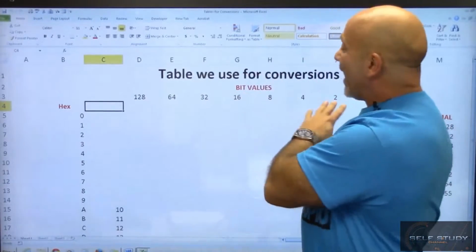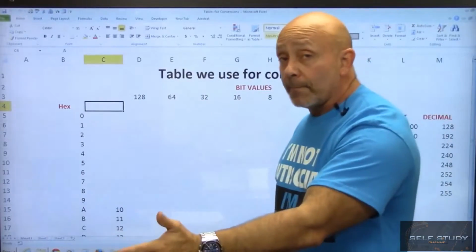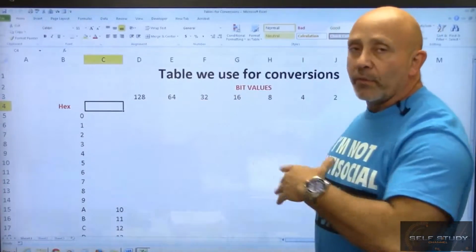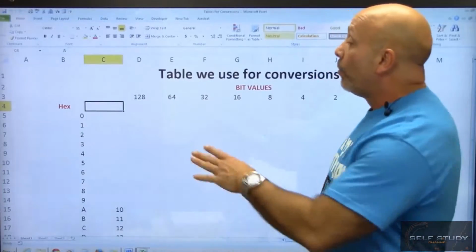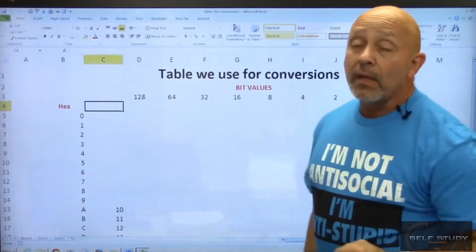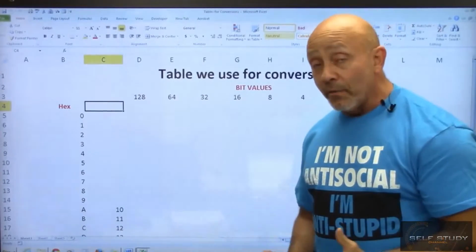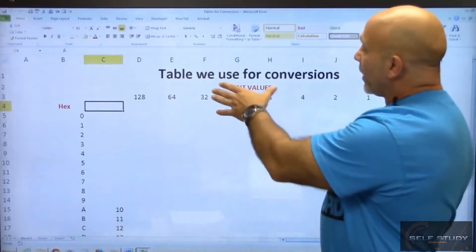Each one of those has its particular bit value, and they're the same throughout each octet. Of course, here we're not going to be converting IP addresses or anything like that. But so you know, if you were to add all these bit values together, it will come out to 255. That lets you know right there that the maximum value of any octet is 255. So again, we use this to convert.